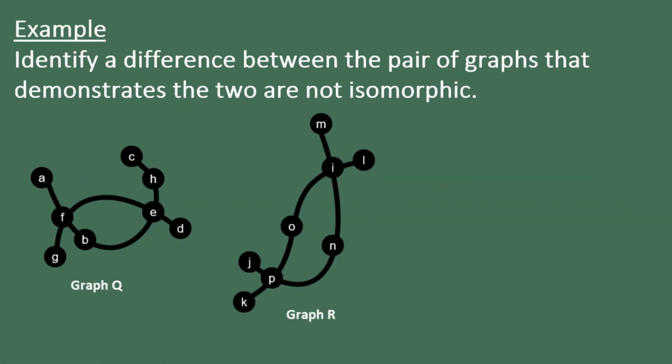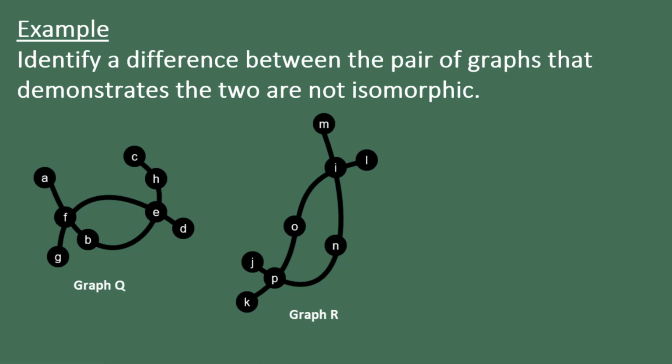In this example, we're asked to identify a difference between the pair of graphs that demonstrates the two are not isomorphic. We're going to do this by considering the 4 characteristics: the number of edges, the number of vertices, the degrees of the vertices, and the types of cyclic subgraphs.